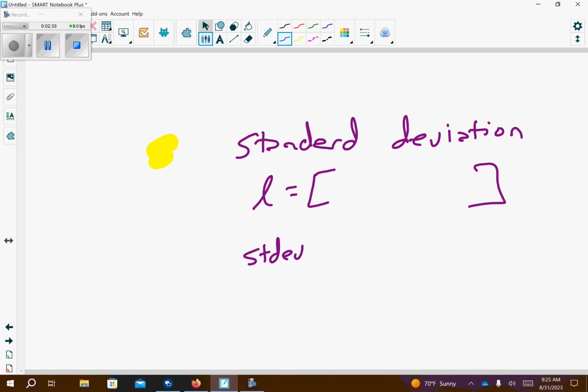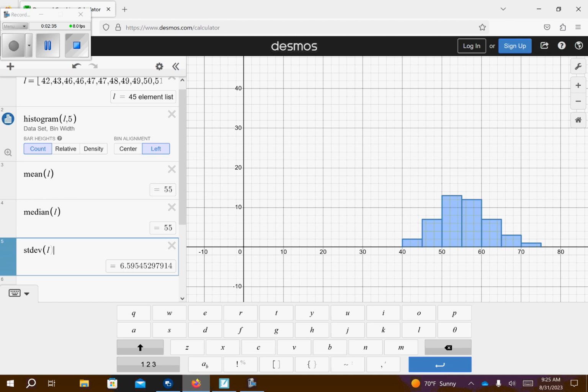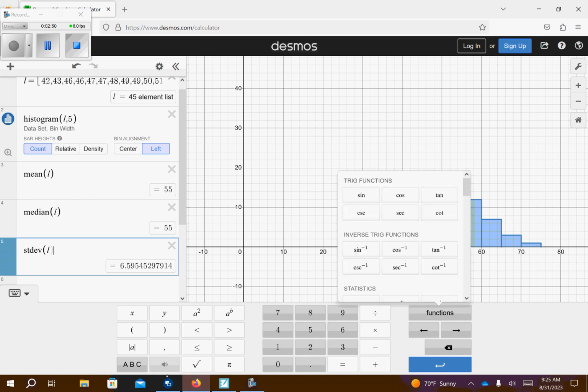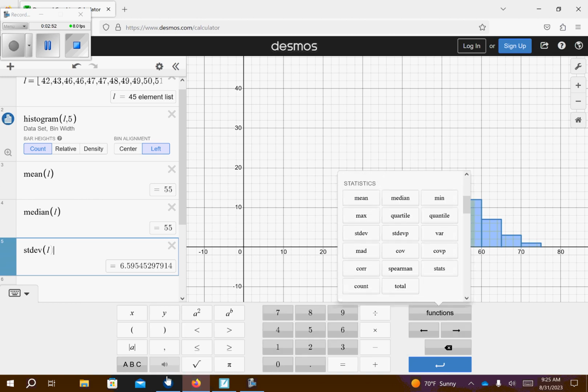Let me just show you on Desmos where it takes place. So this was from the presidents of the other day, but if you wanted to find the standard deviation, you can just type that in, or you go under functions, go down to statistics, and you see how you have standard dev, stdev. You do that, and that'll find standard deviation.